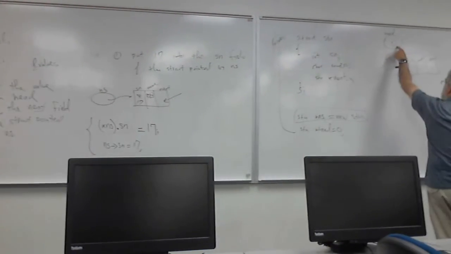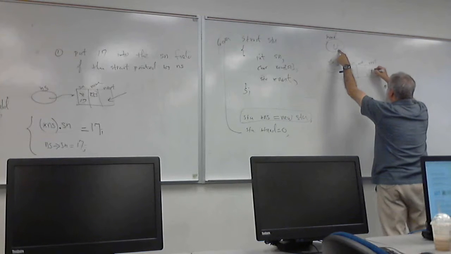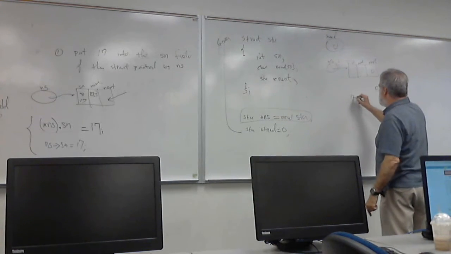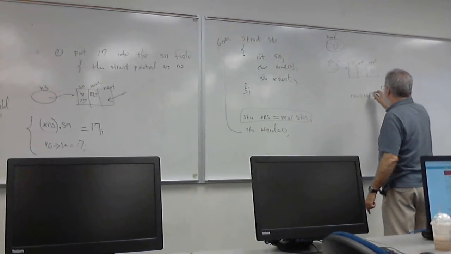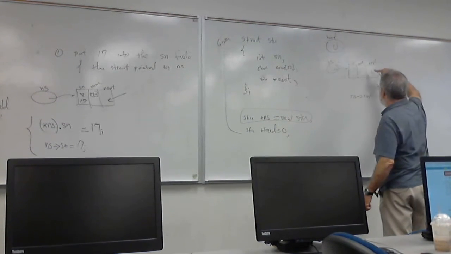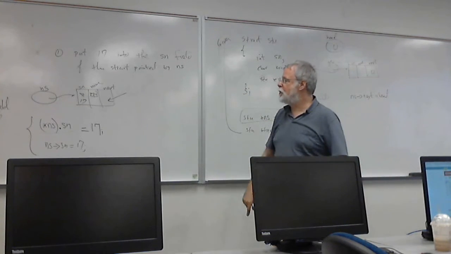Well, what's in head is a 0. I'm copying that to here. So when we do that statement 2, ns arrow next equals head, it copies the value here down here. So that's step 2.